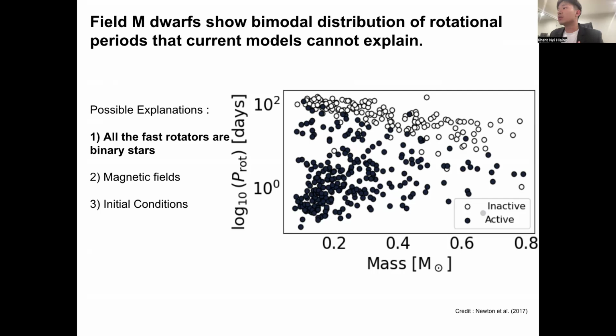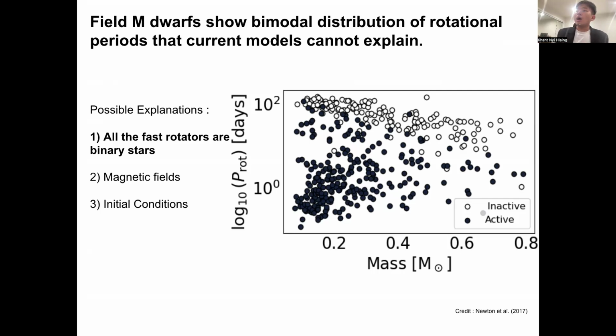In my work, we're particularly interested in the fast rotators because according to the current rotation period evolution models, as stars get older, they lose angular momentum due to magnetic braking, which is a process caused by the interaction between the magnetic field and the stellar winds, inhibiting the spin rate of the stars.